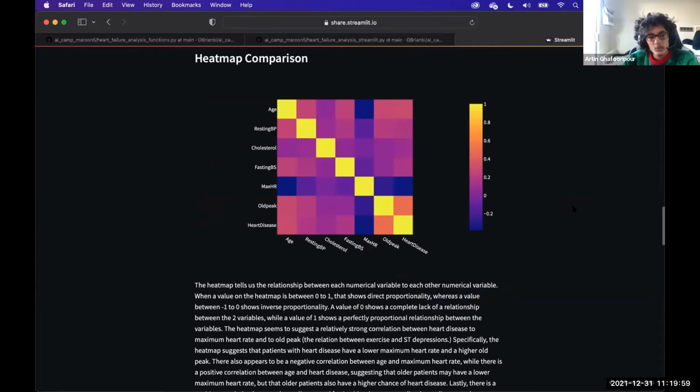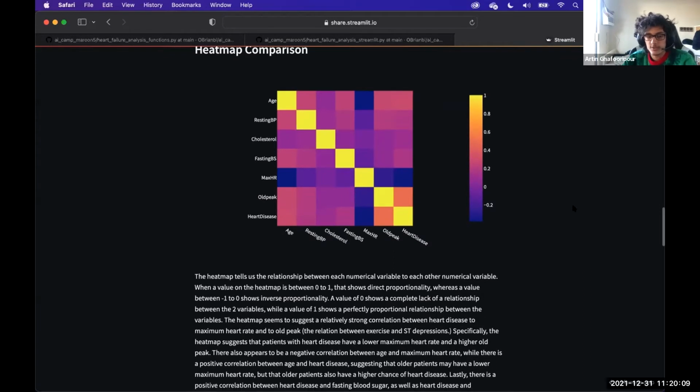One core visual representation that we chose for our data set is the heat map. This heat map tells us the relation between each numerical variable to each other numerical variable. For example, variables like chest pain type aren't included in this representation because they don't use any number value.